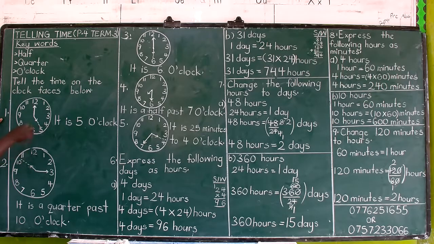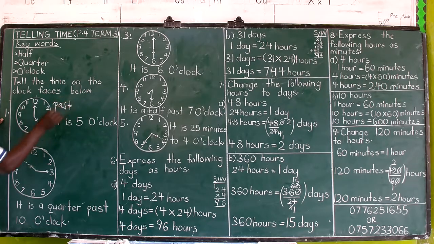The one past ranges from between 12 up to 6 clockwise. From 12 all the way to 6, we use past this side. Then we use to, that is between the same degrees of 12 and 6, but anti-clockwise. This is anti-clockwise movement. This is clockwise.